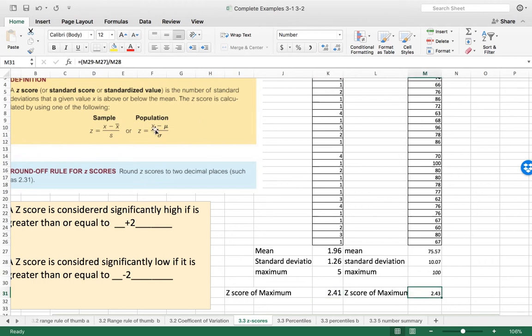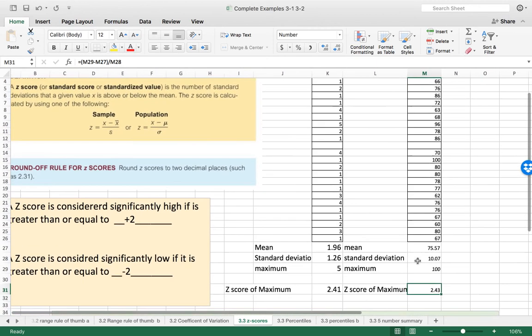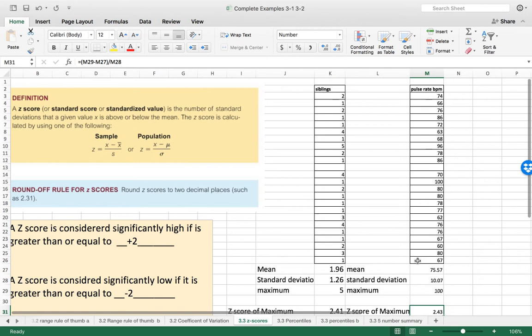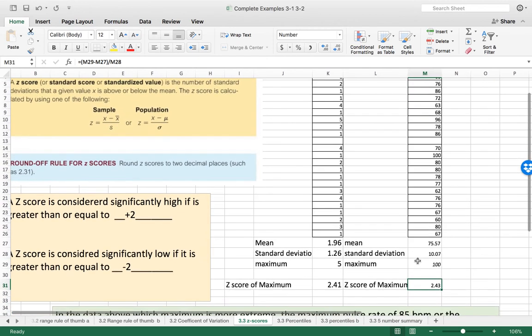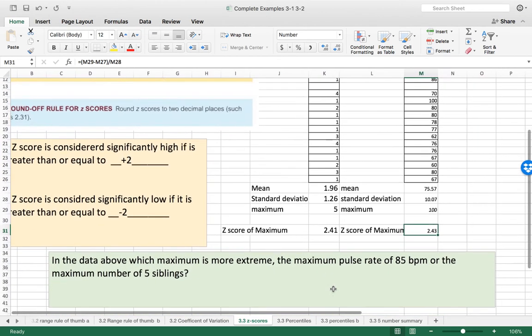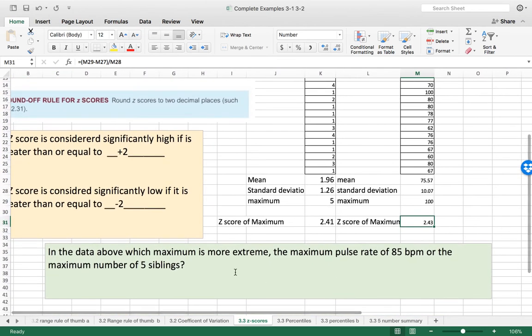And as you can see, the larger z-score is actually the z-score for the pulse rates of 2.43 as opposed to the z-score for the maximum number of siblings, 2.41. So in the data above, which maximum is more extreme? The maximum pulse rate, or the maximum number of siblings?